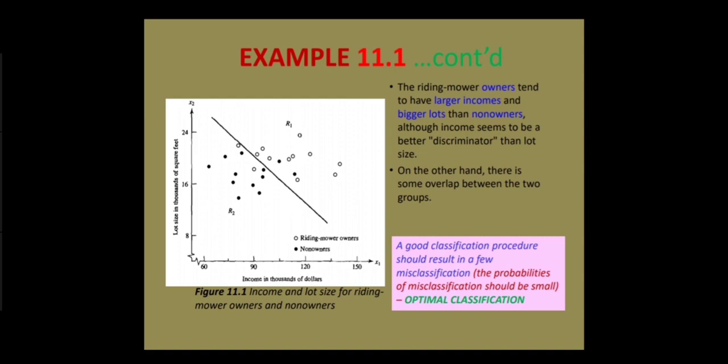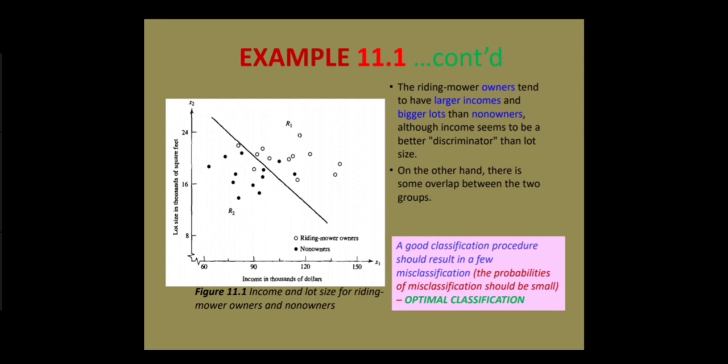clear dot is owner. Okay, so what can we see from here? What can we observe from here? We can see that the riding mower owners tend to have larger income than non-owners. Owners, which are the clear dots here, tend to have larger income.